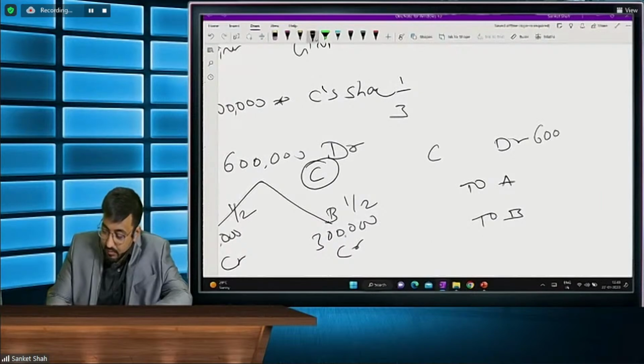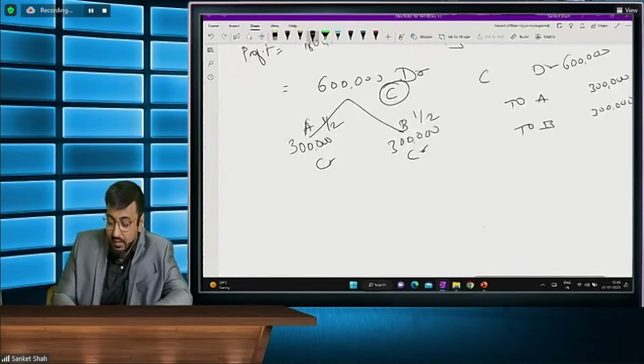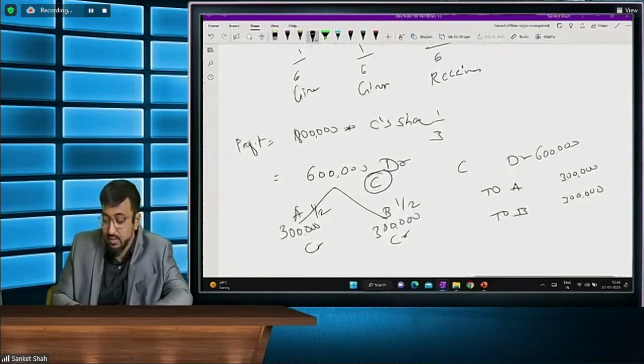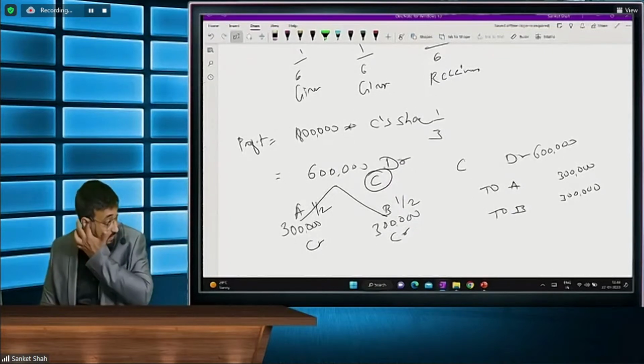C debit by 6 lakhs. A credit 3 lakhs, B credit 3 lakhs. So this is a memorandum revaluation.